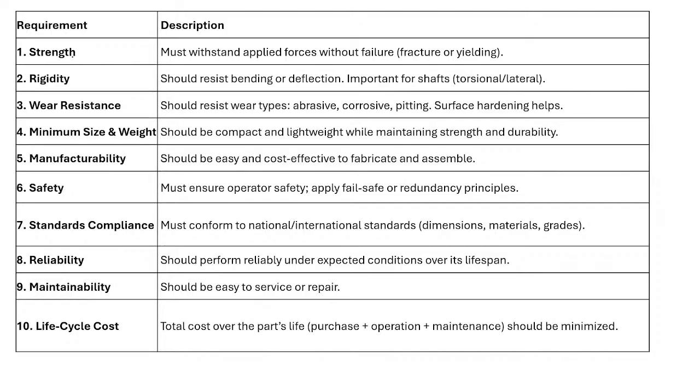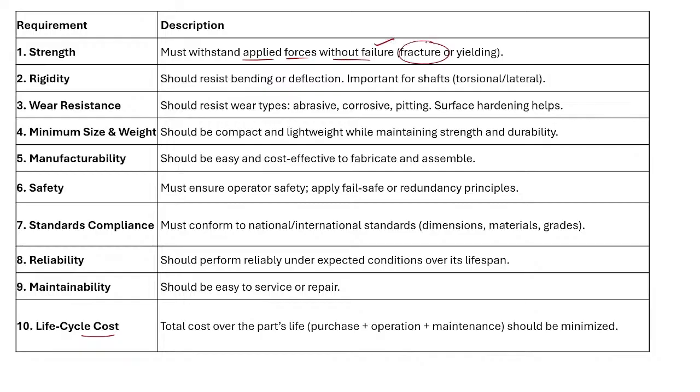Basic design requirements are a list of parameters which need to be served. The first parameters are strength, rigidity, wear resistance, minimum size and weight, manufacturability, safety, standards compliance, reliability, maintainability, life cycle cost. Strength is associated with offering resistance when forces are applied on it without failure.